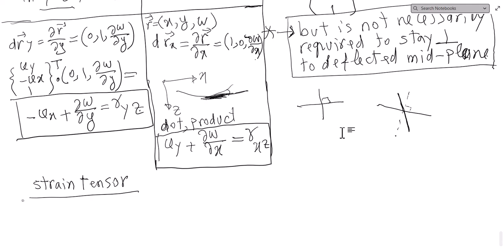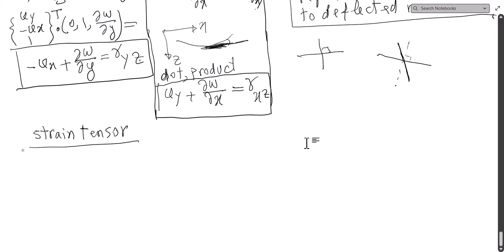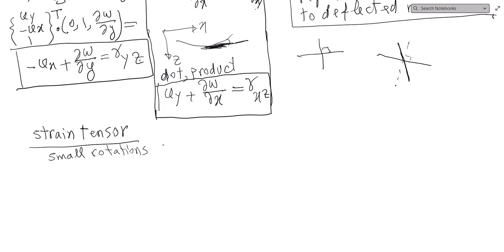So having said that, for small rotations or deflection, shall we say, we can use linear relationship between strain tensor and the displacement.